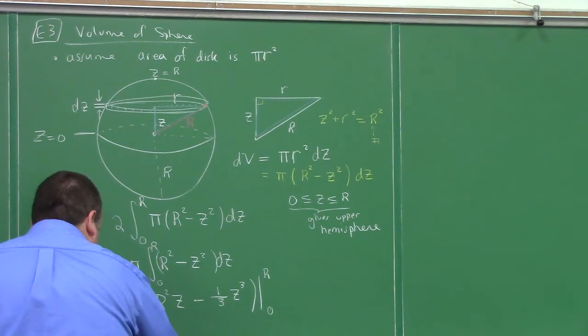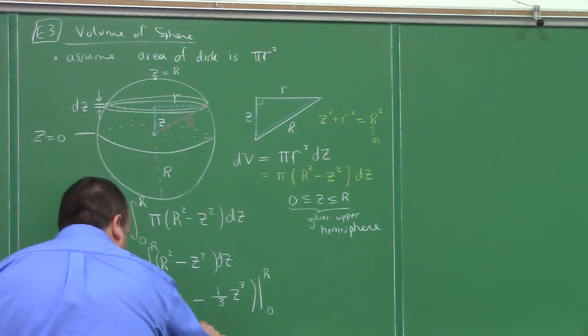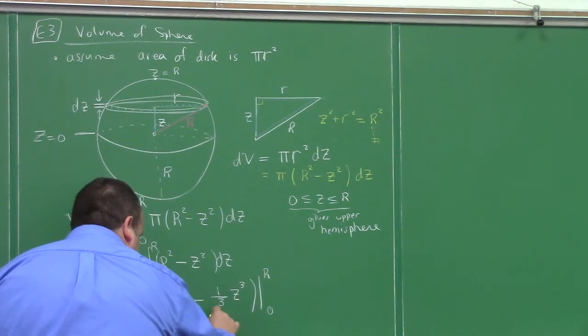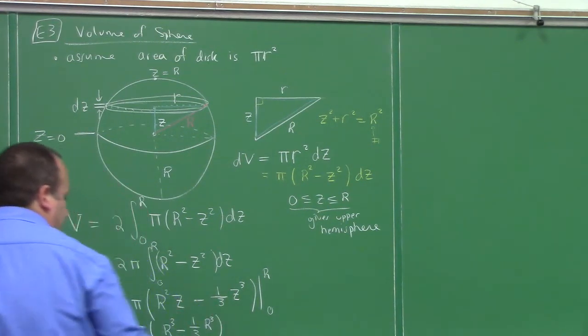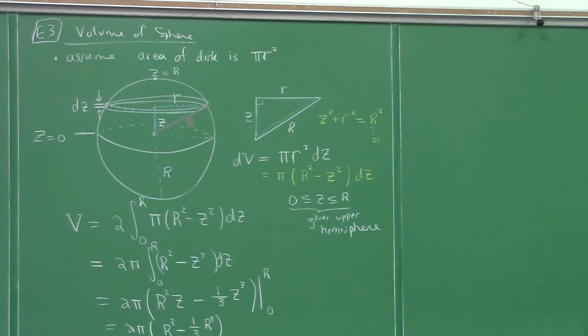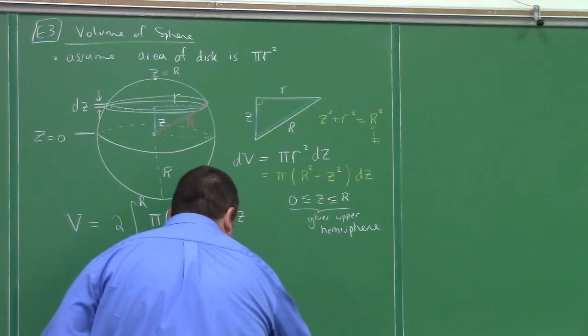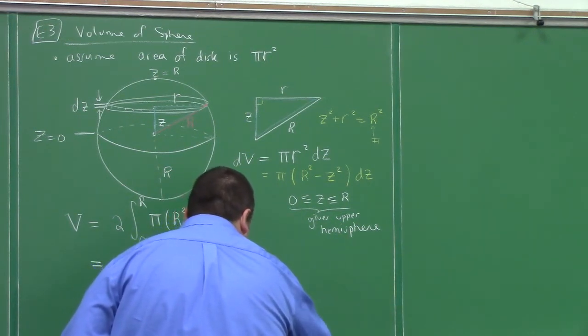It gives me 2 pi times R cubed minus 1/3 R cubed, and then the 0 gives me nothing. What's 1 minus 1/3? 2/3, right? And so what's that formula there? You get 2/3 times 2, which is 4/3, right? So there it is, 4/3 pi r cubed.